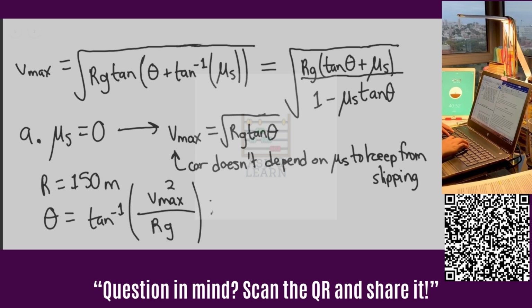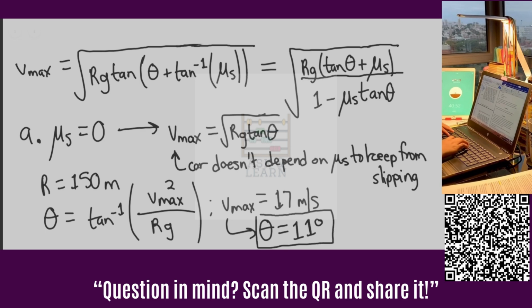And here our v max would be equal to, again, roughly 17 meters per second. And therefore, if we were to solve, we're getting that theta is essentially 11 degrees. So that would be our maximum angle such that the car doesn't slip and doesn't depend on the coefficient of static friction to keep from slipping.